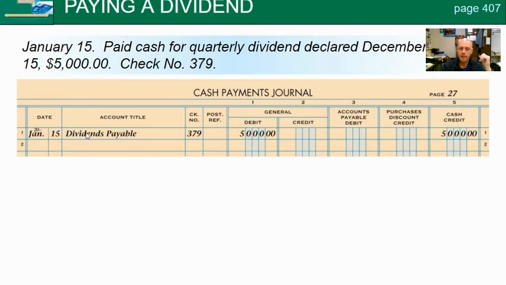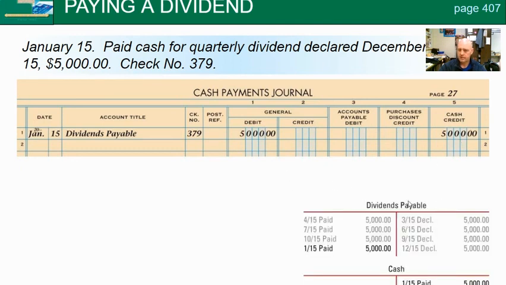Should we do the debit to dividends? Well, we've already declared that we're going to pay the owners $5,000. So if we did this to dividends, that's like saying we're doing another $5,000. So it's not dividends. It is zeroing out the liability called dividends payable. So debit to dividends payable, credit to cash.